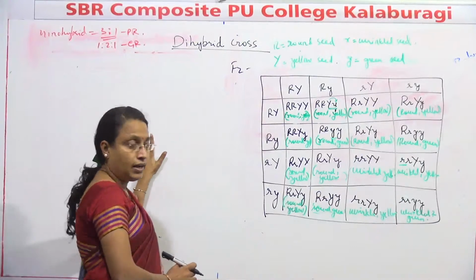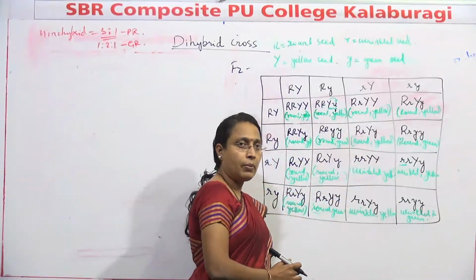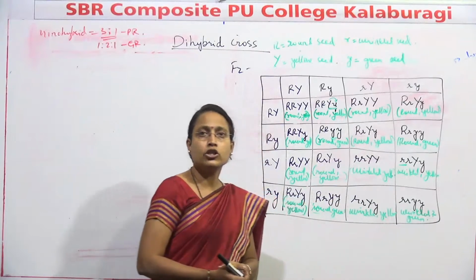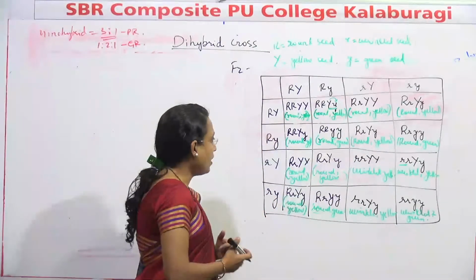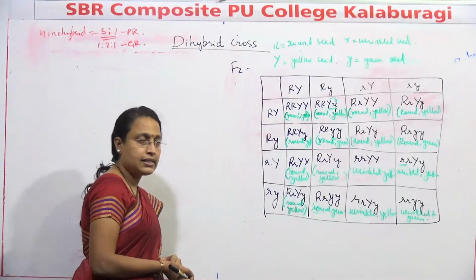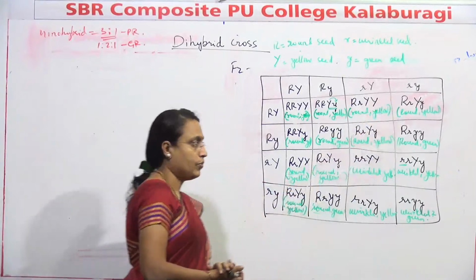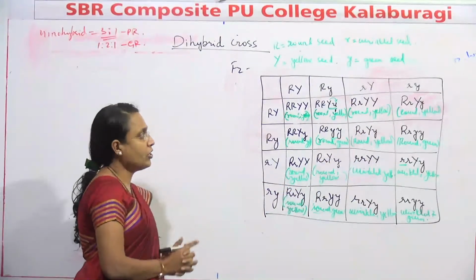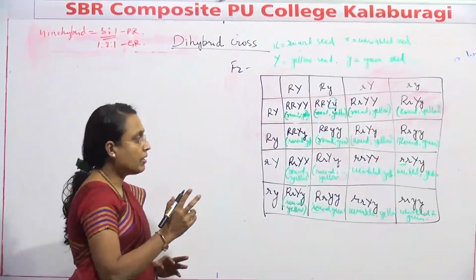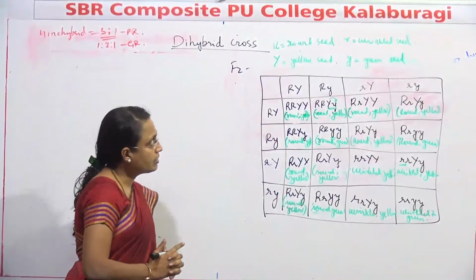So within this, you have to get well acquainted with this table so that anything that is asked from here, you should be able to answer. For example, how many genotypes are heterozygotes? Then you are supposed to tell 4. Okay. So how many genotypes consist of two recessive alleles of seed color?